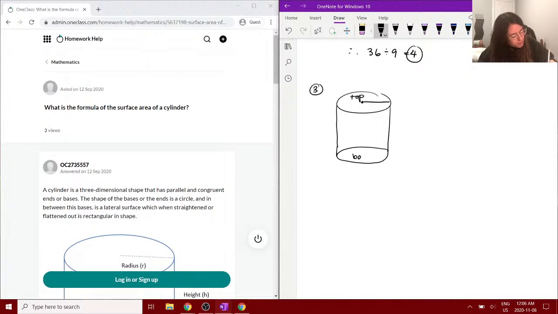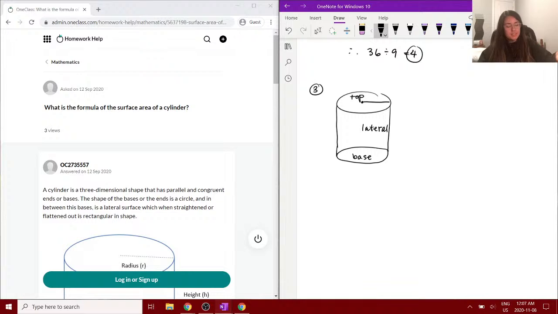We have the base, and we have what I'm going to call the lateral surface of the cylinder. So that's basically, well, if you're imagining this as like a tube or a pipe or a dowel or something like that, like a paper towel roll, the lateral surface would be the exterior surface area.